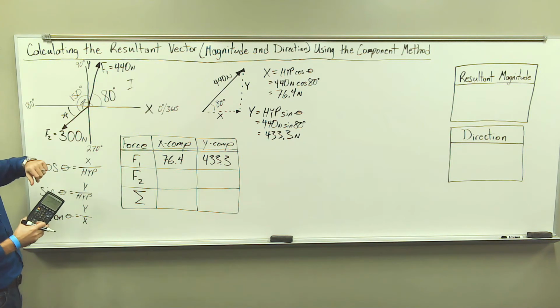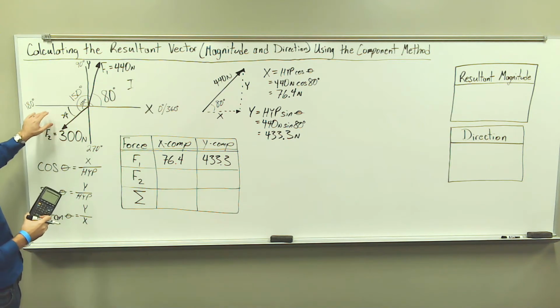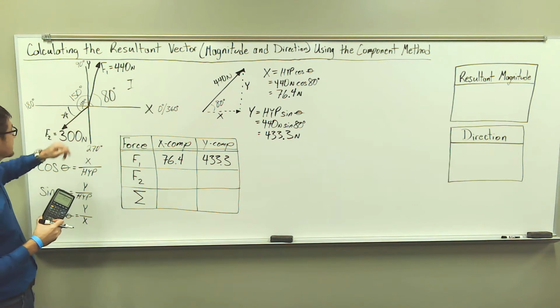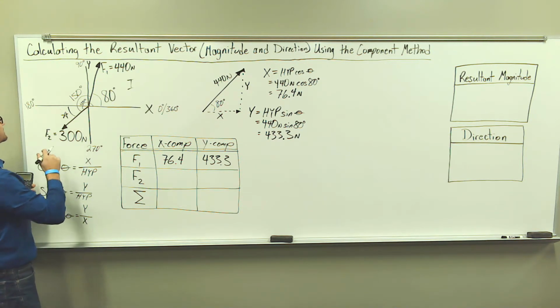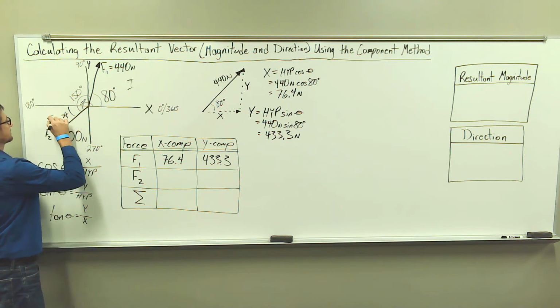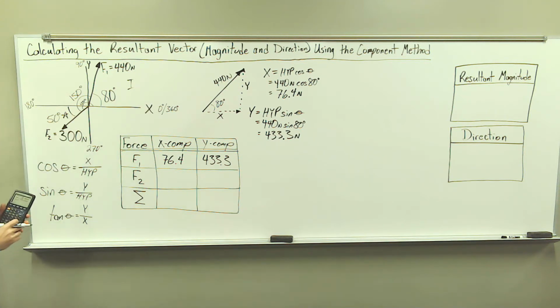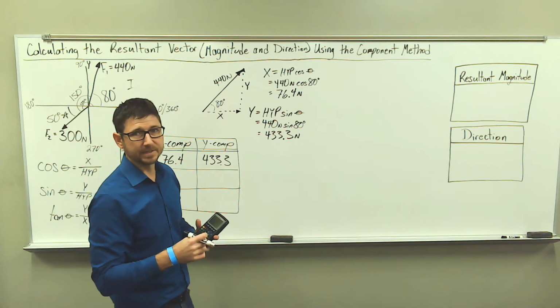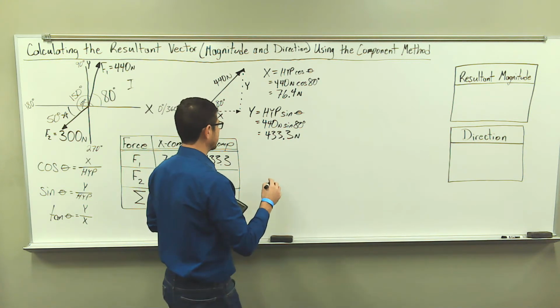Okay, so 230 degrees minus 180 degrees is going to be 50 degrees. Okay? All right, so right here, our reference angle is 50 degrees, so we need to redraw our triangle.